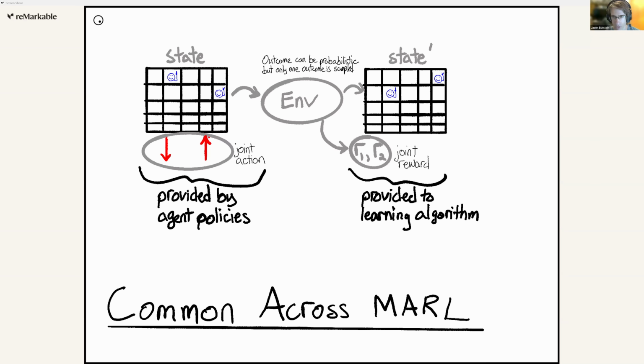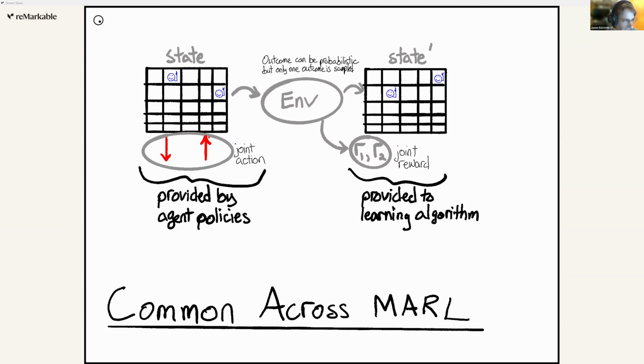We're always looking at environments where there are these discrete steps that occur from one state to another. So here, the environment just has to update the position of the two agents. So they move, and then there is a new state that both agents are in and a joint reward.